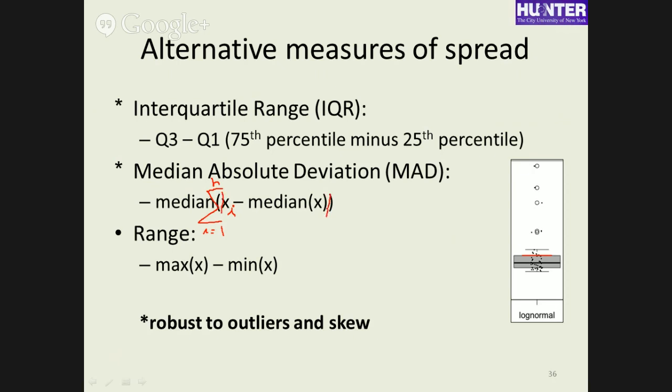So it's just, if there's a negative sign, you take away the negative sign. So for each observation, it's just how far away it is from the median, and you add those up and take the median.